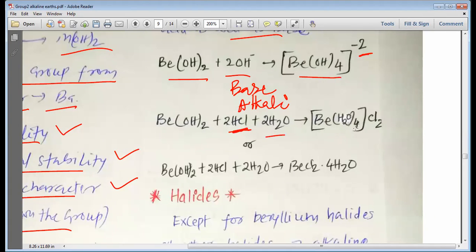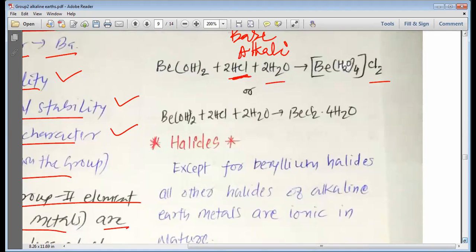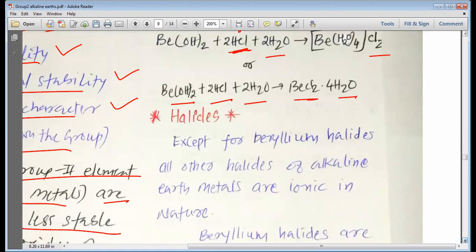We get [Be(H2O)4]Cl2, that is hydrated beryllium chloride, my dear students. The same reaction we can also represent as Be(OH)2 plus 2HCl plus 2H2O giving BeCl2 into 4H2O. So this is how we represent the beryllium chloride in two different manners.